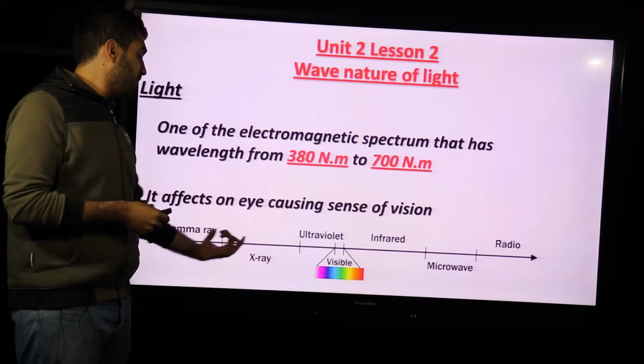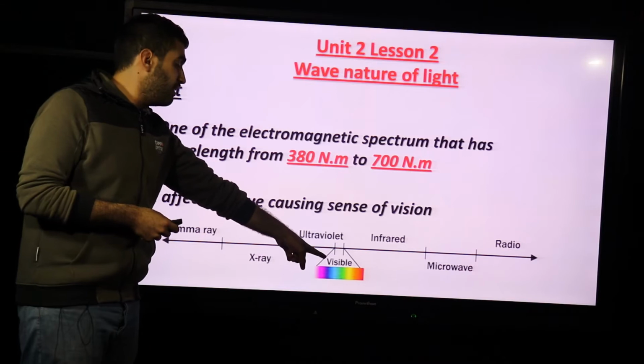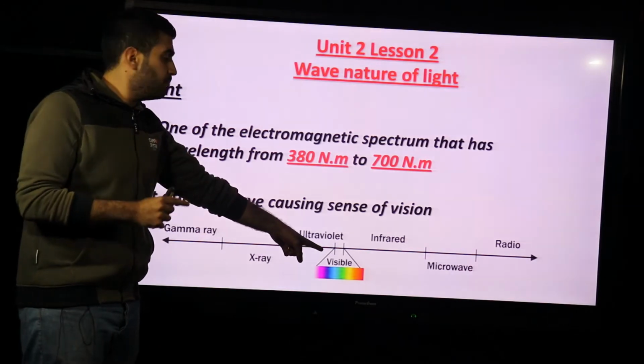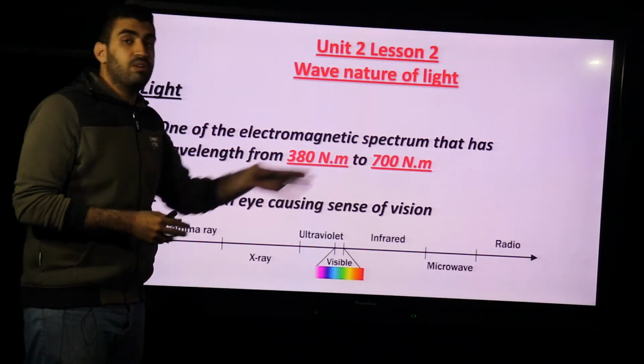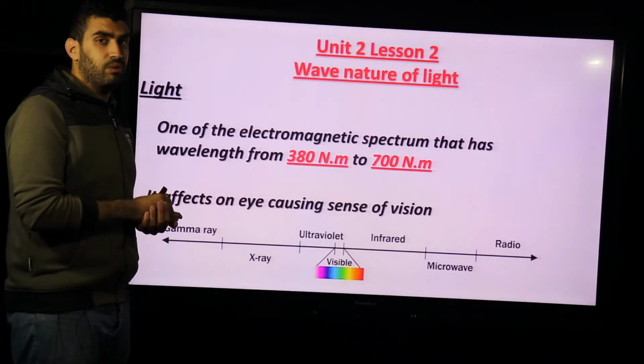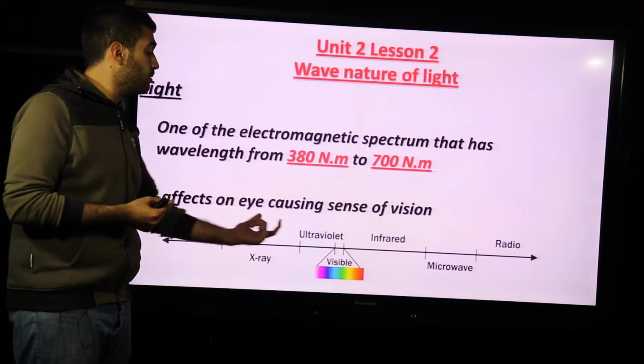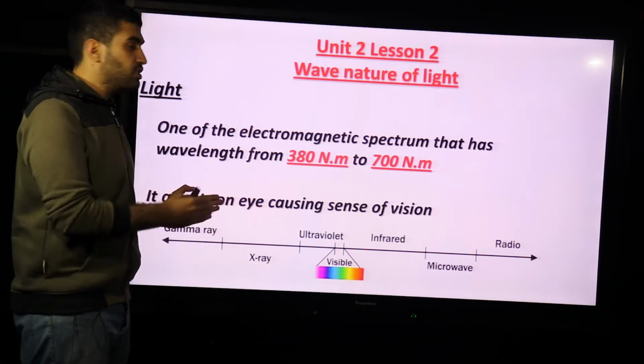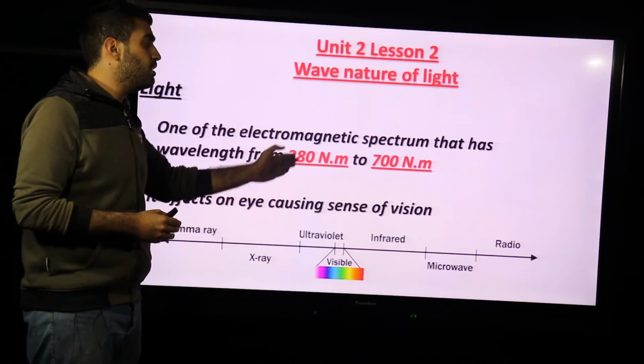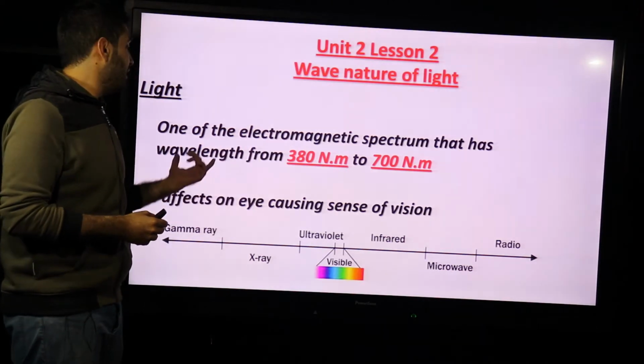We have gamma rays, X-rays, ultraviolet, visible light that we can see, infrared, microwaves, and radio waves, 7 electromagnetic waves. But we can only see one type, which is called visible light, that ranges from 380 nanometers to 700 nanometers in wavelength.